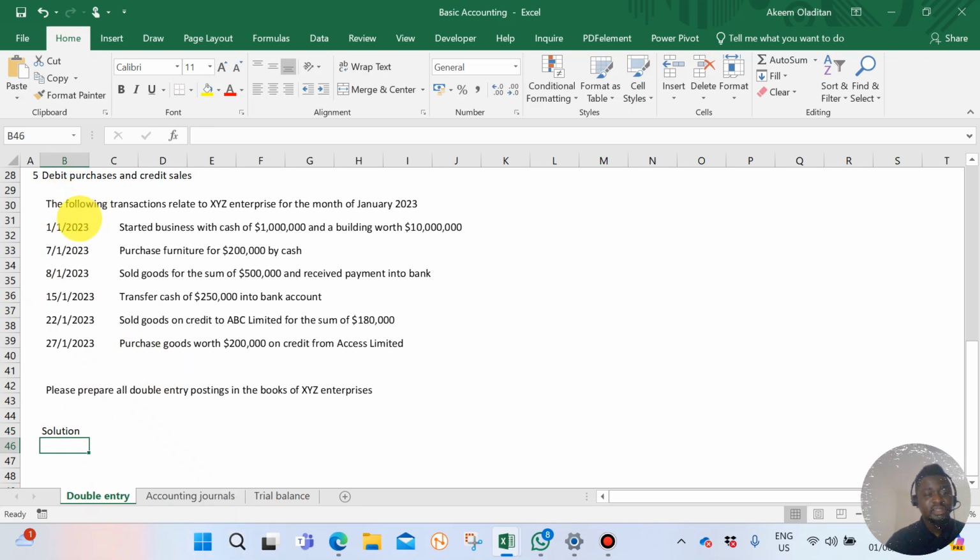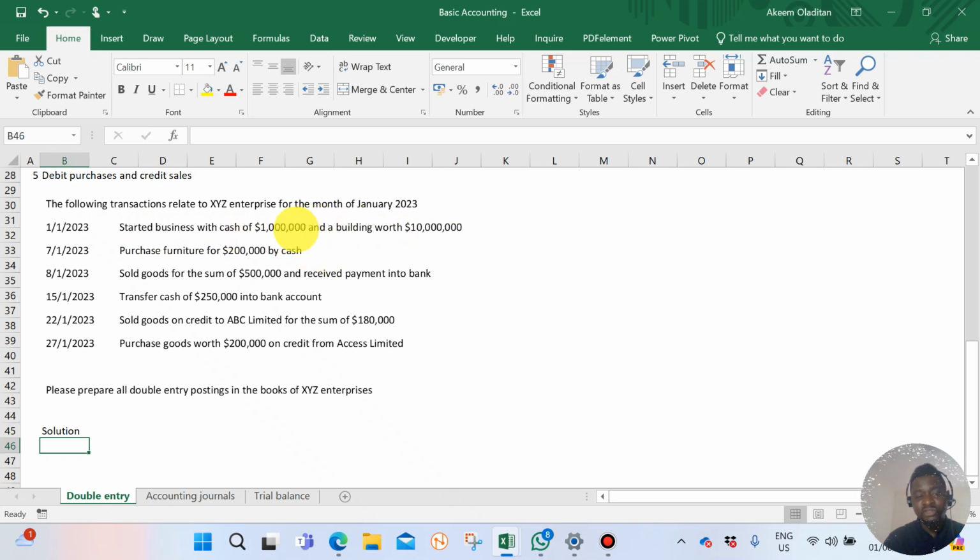We said the following transactions relate to XYZ Enterprises for the month of January 2023. So in that month, on January 1, that is 1/1/2023, it started a business with cash of $1 million and a building worth $10 million.